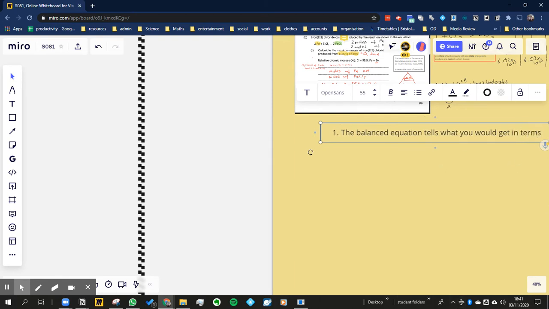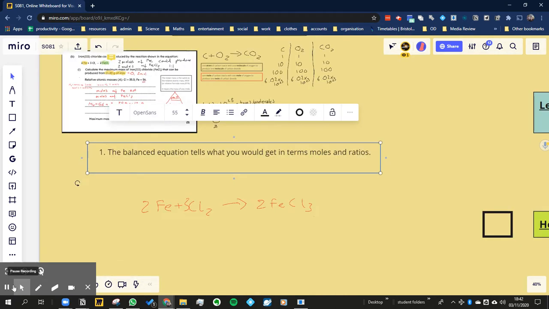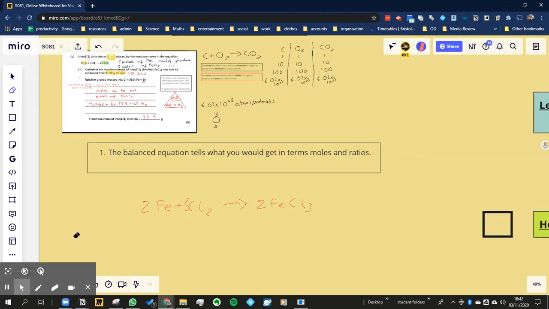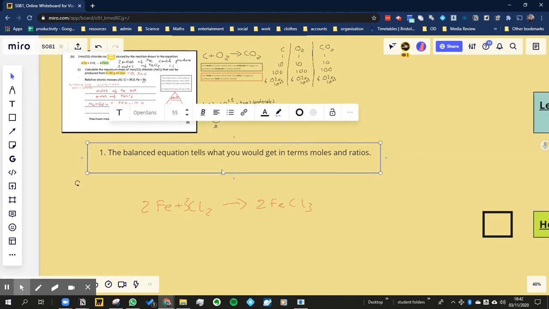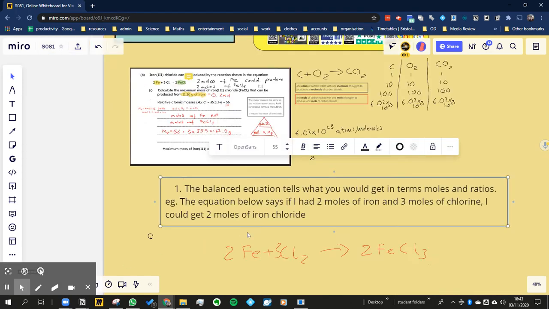So, e.g., the equation below says if I had two, well, we can just copy what we did before actually. So that's an example of it in action here.